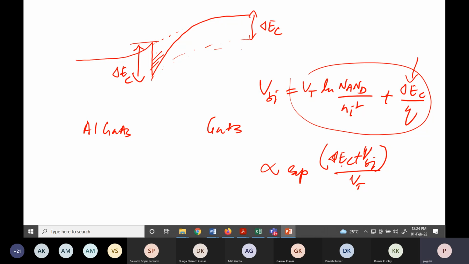This delta EC comes from the notch and this additional band bending. So if we manage to bring this band bending back close to the homojunction portion, then the amount of electrons will get reduced. In other words, we can control the amount of electrons from the gate side by applying bias voltage.